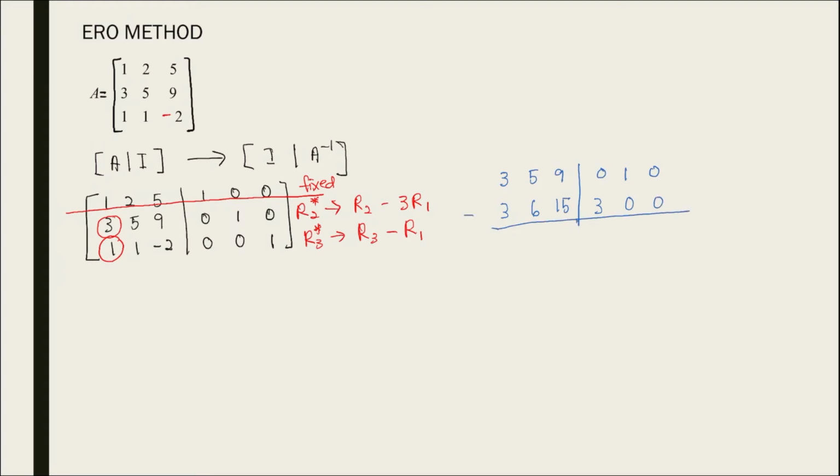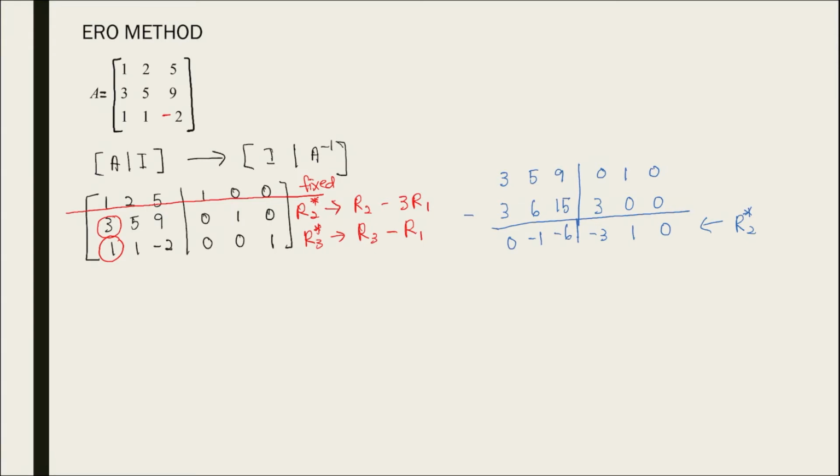So then minus, you will have 0, 5 minus 6 is negative 1, 9 minus 15 is negative 6, 0 minus 3 is negative 3, 1 and 0. And this is your new row 2. Okay, so this is your new row 2.